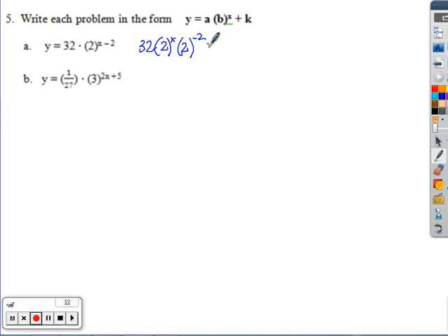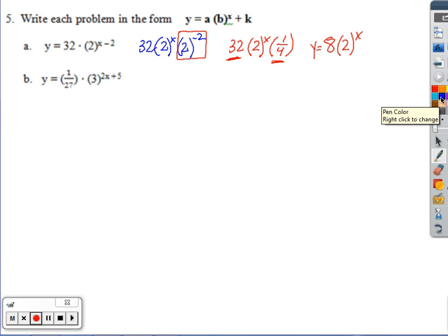There's a reason we do that, because now we have no variable with this portion of it, which means we can simplify. So 2 to the x doesn't change, but 2 to the negative 2 is 1/4. And since the 1/4 doesn't have an exponent and the 32 doesn't have an exponent, we can combine them. 32 times 1/4 is 8. So this equation simplifies to y equals 8 times 2 to the x.